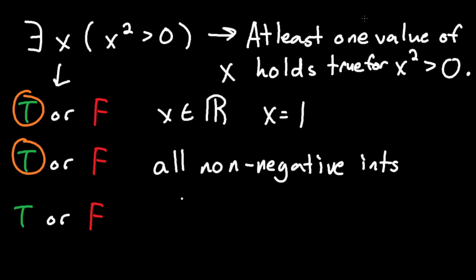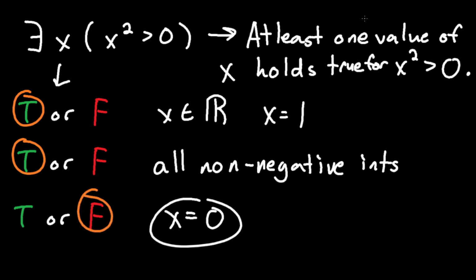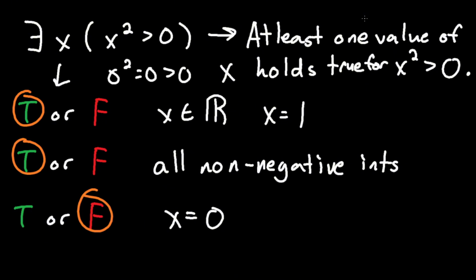Let's try the last domain. And I'm very uncreative, so I'll just make this domain a single value, 0. Test this out, okay? Is this true or false? Well, the domain is just a single number, so you can just test it. But it's false. Since the domain is just a single number, there is not one value that is true, because there's only one value. So if we test this out, 0 squared is just equal to 0. And is 0 greater than 0? It's not.